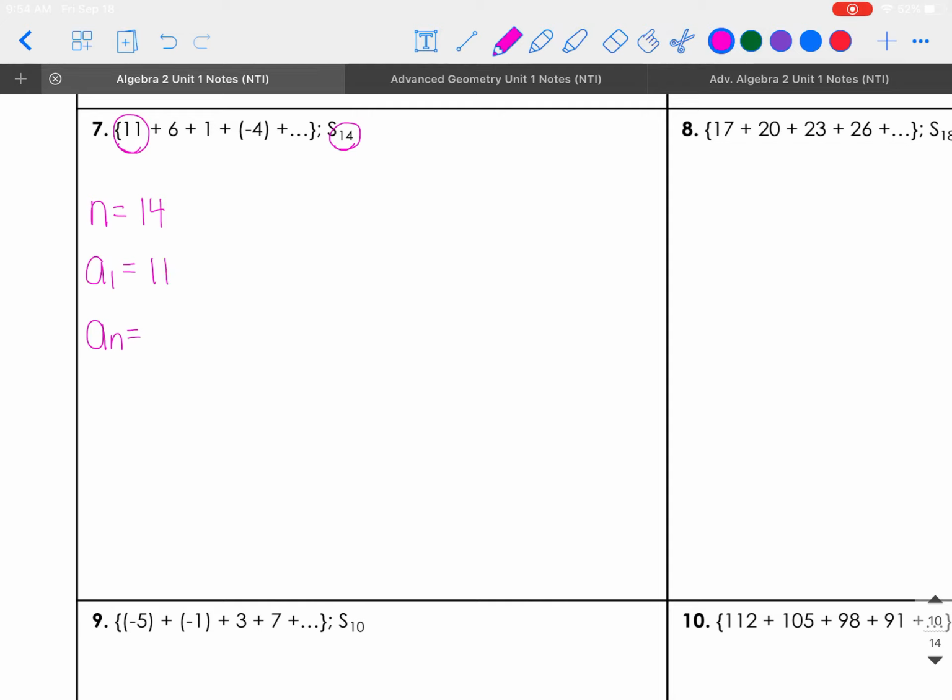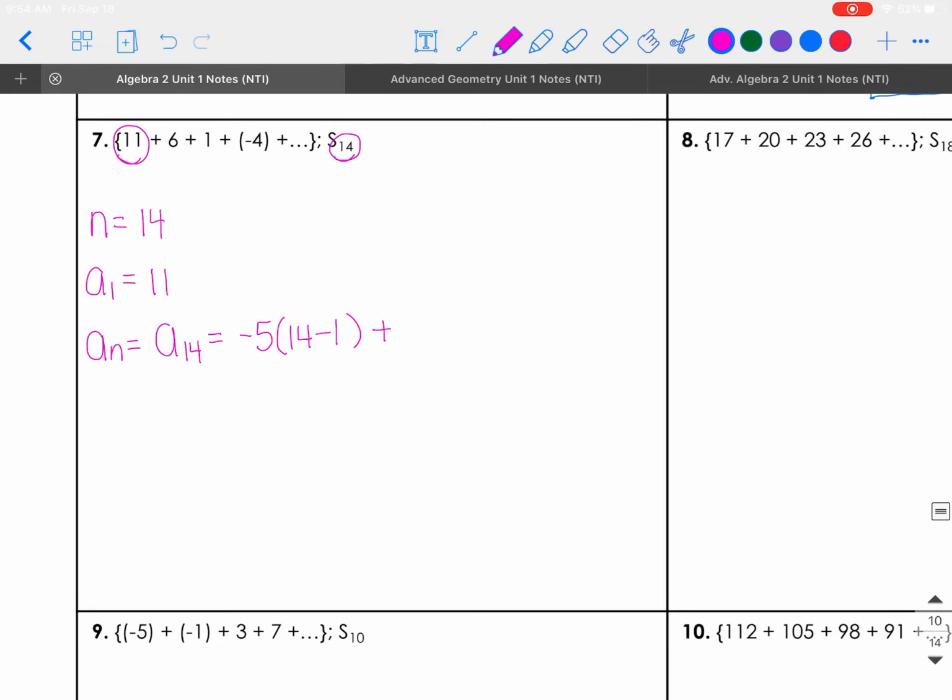And so AN, that means I'm finding just the 14th term. I need my common difference, which is -5. N minus 1, so 14 minus 1, plus my first term, which is 11.